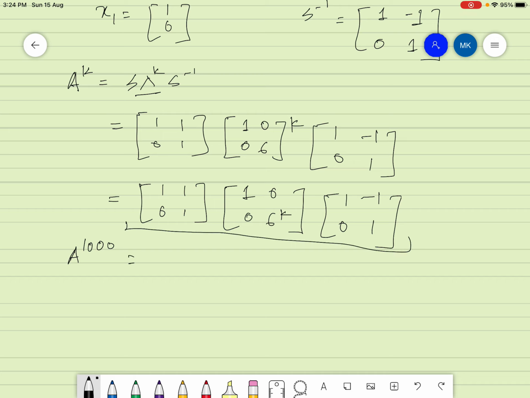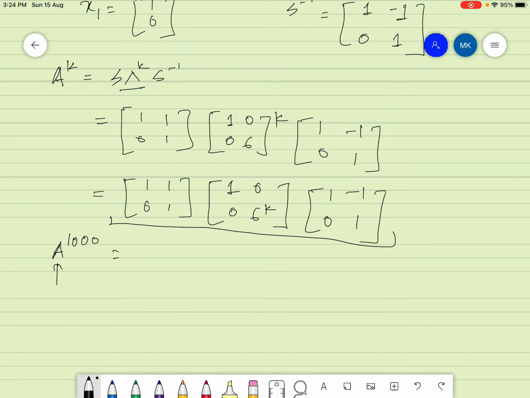It will need less time, it will need less computational power. Otherwise, if you try to multiply this A 1000 times manually, then you will need a lot of time, a lot more computational power. So nothing is worse than that.